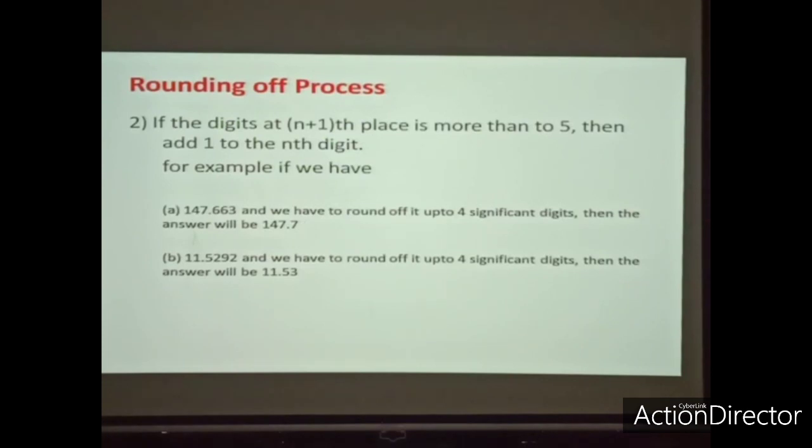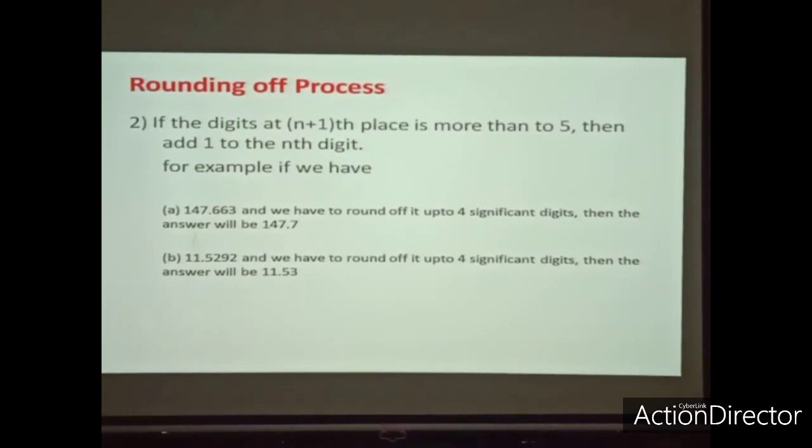In the second step, if the digit at n+1th place is more than 5. In the earlier example we considered that the value of the n+1th place was less than 5, but in this example we will consider if it is more than 5, then add 1 to the nth digit. Likewise, in the example you can see the value 147.663, and we have to round it off up to 4 significant digits, means 4 significant digits from the very left hand side, 147.6.